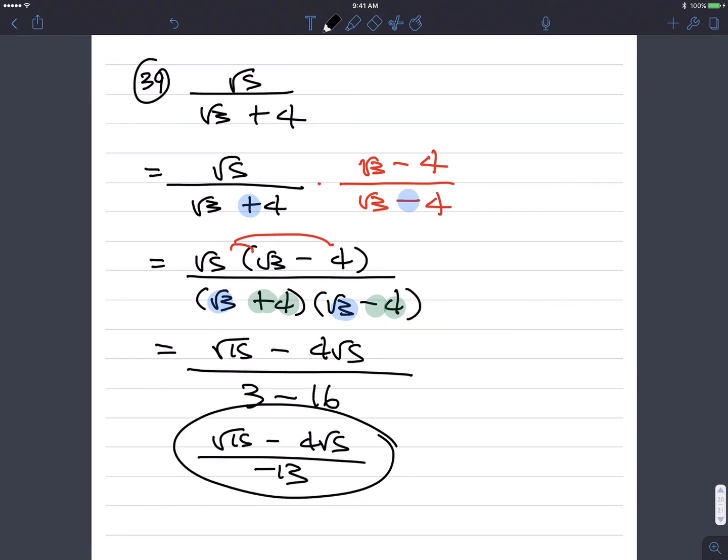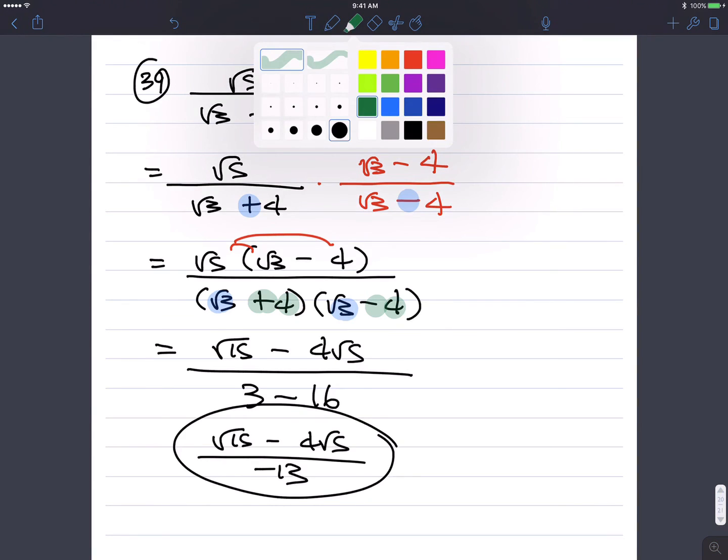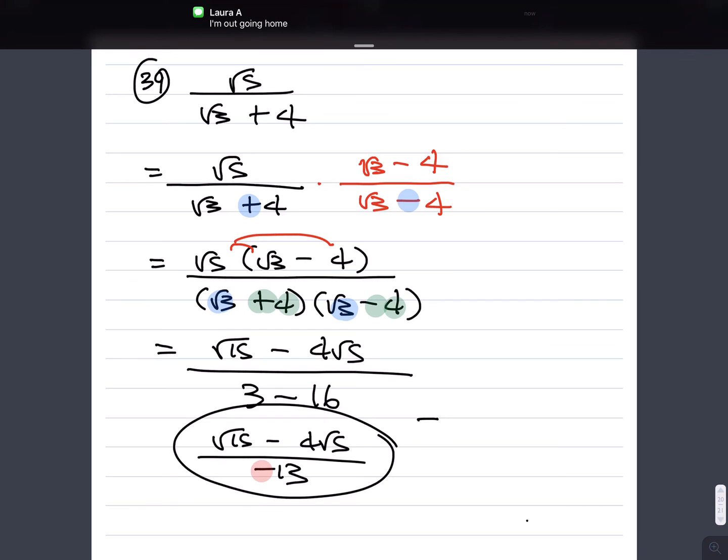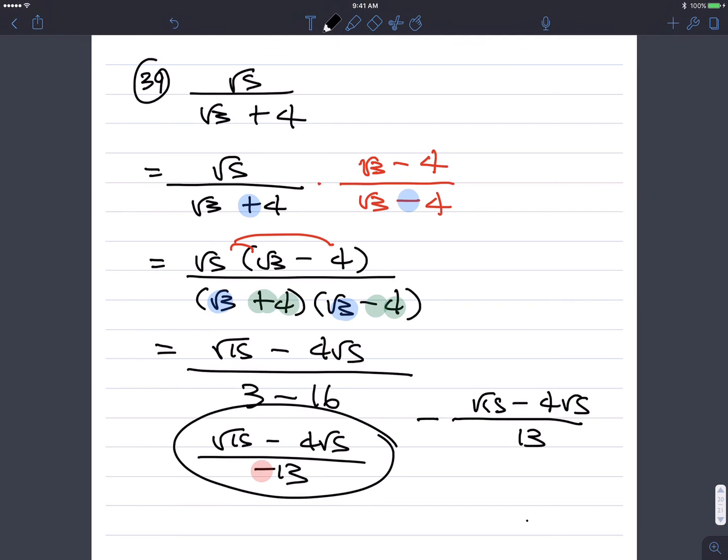Now, we can keep that as an answer, but we could write it a little better. See this negative sign here? One thing we could do is put this at the same level as our division sign. So we get the square root of 15 minus 4 times the square root of 5 over 13, and it's also written that way. So here's another way to write our answer.